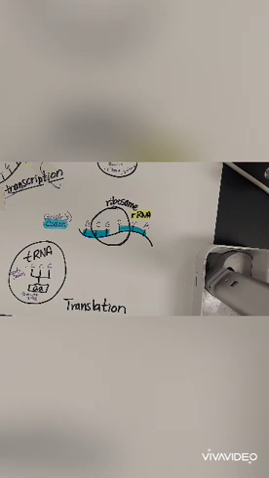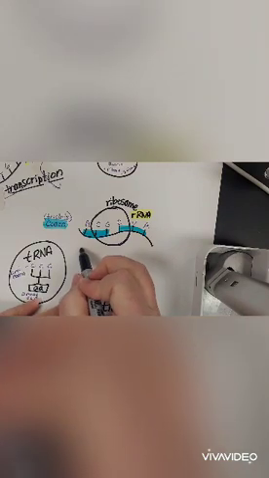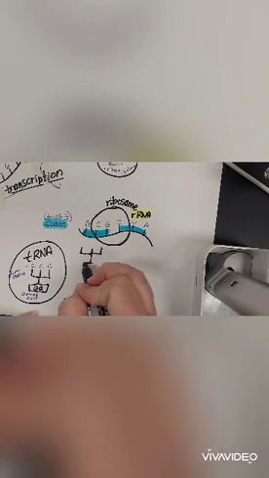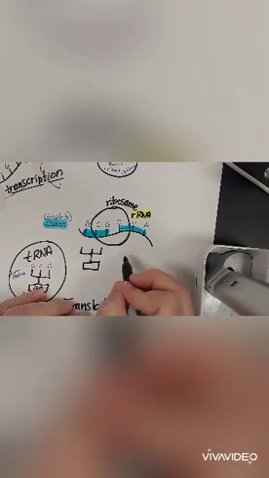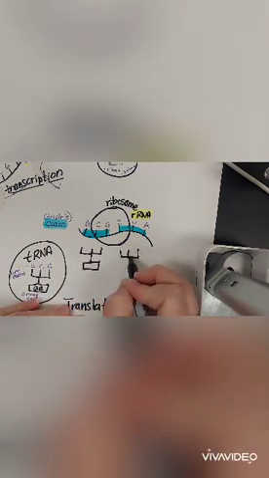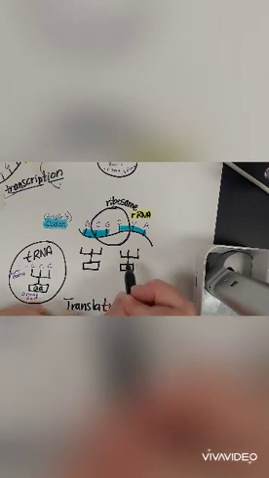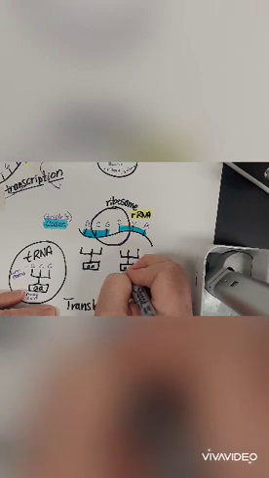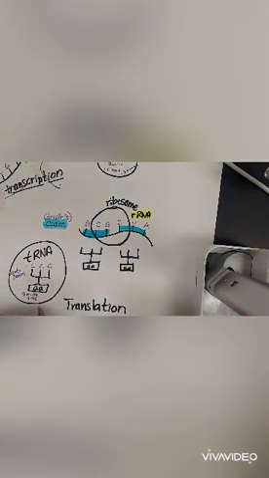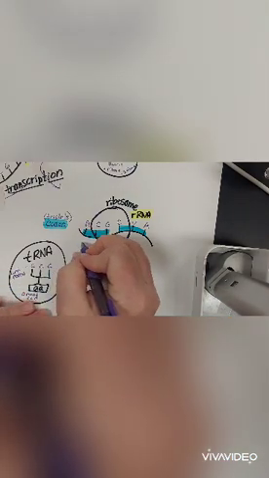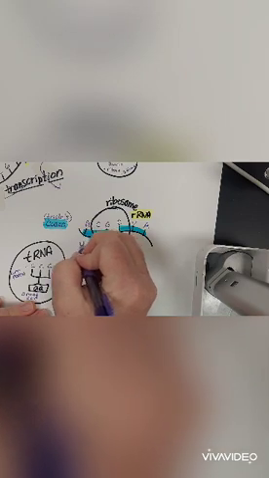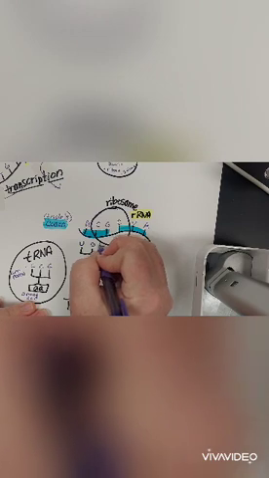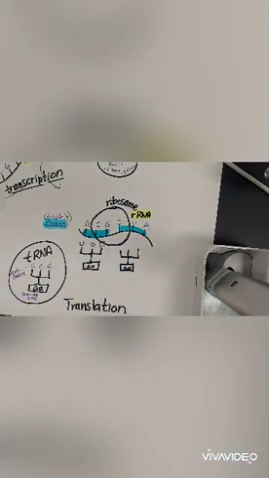So in this case, let's see, who would pair with who? All right, so A pairs with T. Oh, I can't use T. I have to use U. All right, C pairs with G, and G pairs with C. UGC.